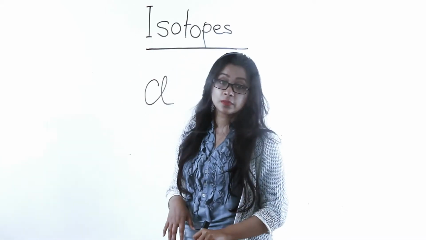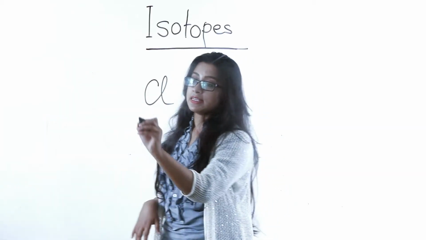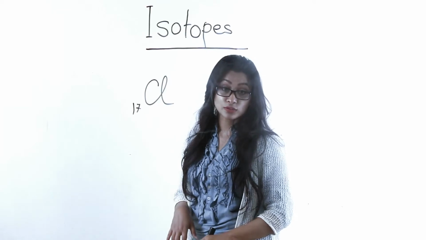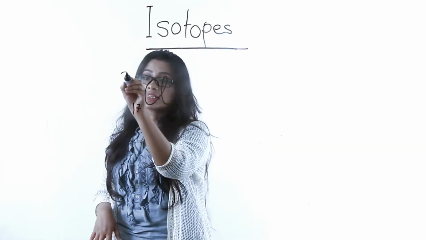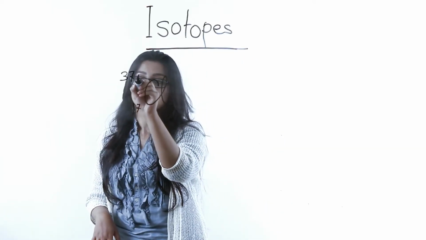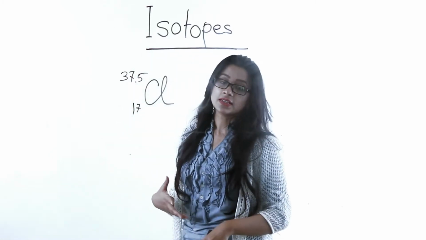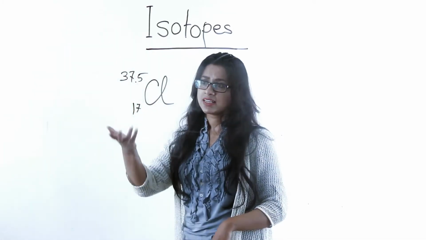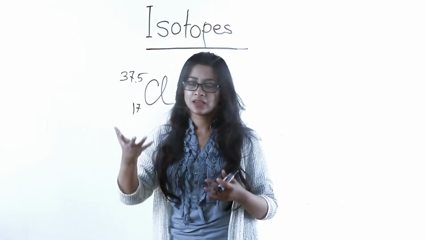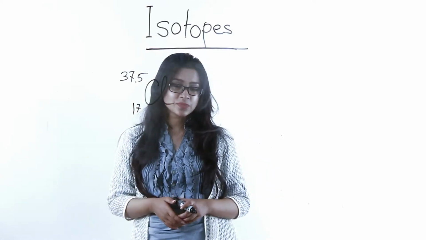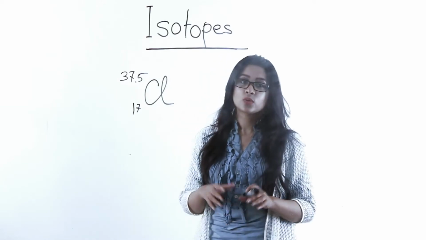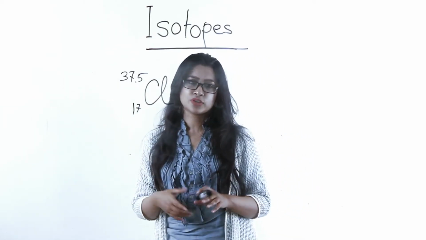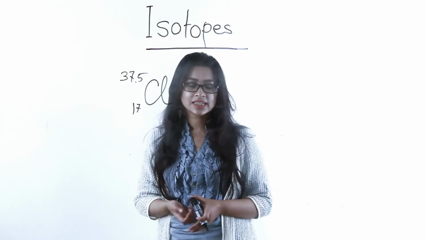Cl, which is the symbol of chlorine, and 17, that is the atomic number of chlorine, and 37.5, which is the mass number of chlorine. I know, weird, right? A mass number that is in decimal points. None of the other elements has a mass number that is in decimal points. So what's the case with chlorine, right?